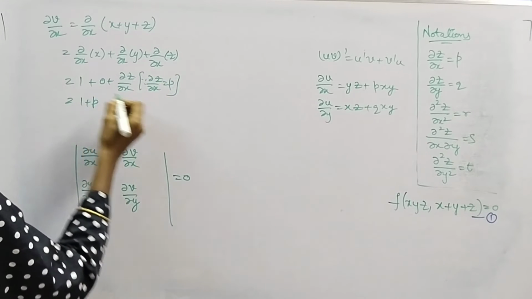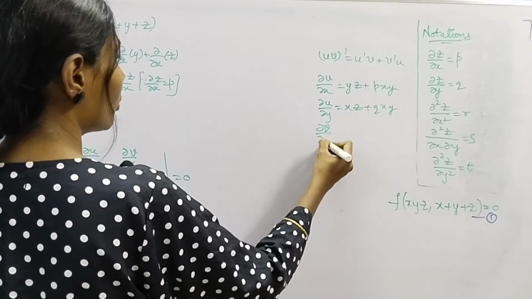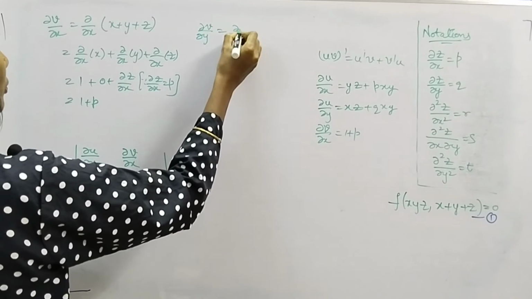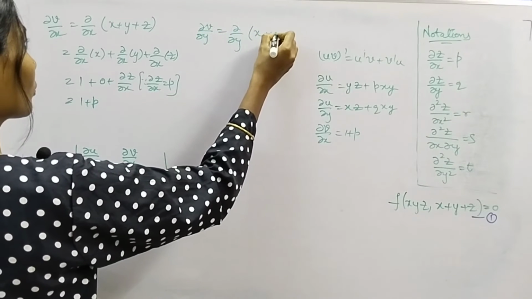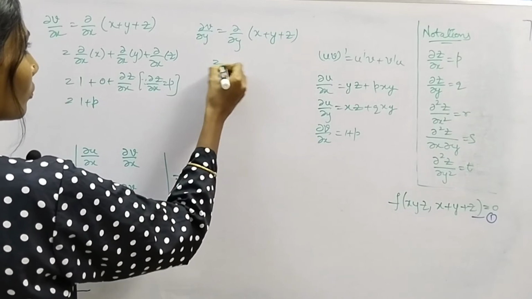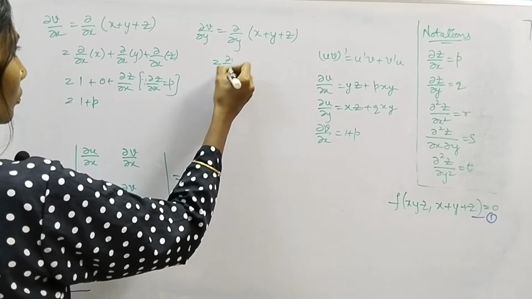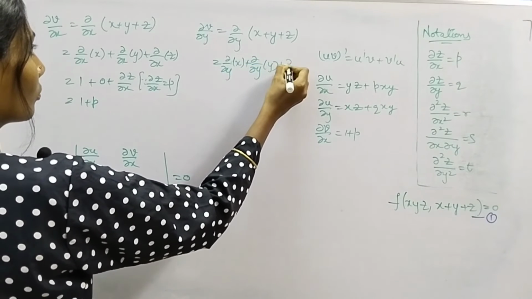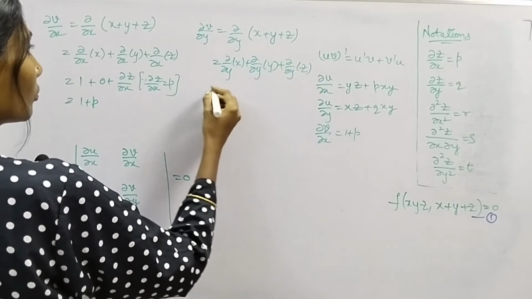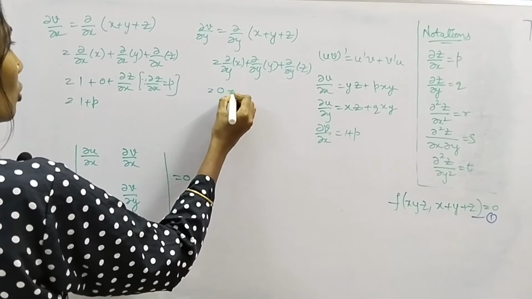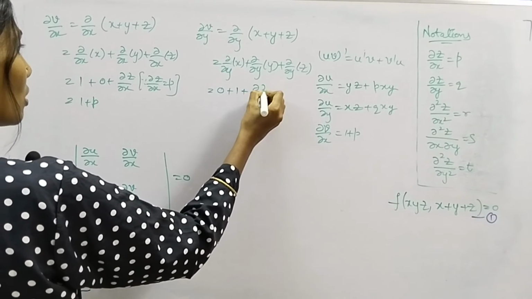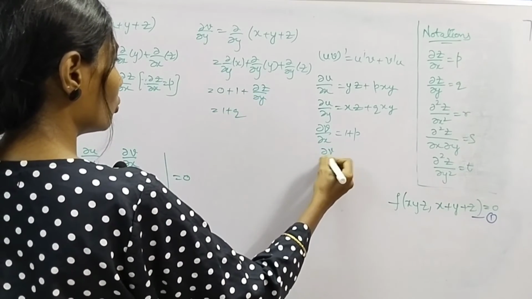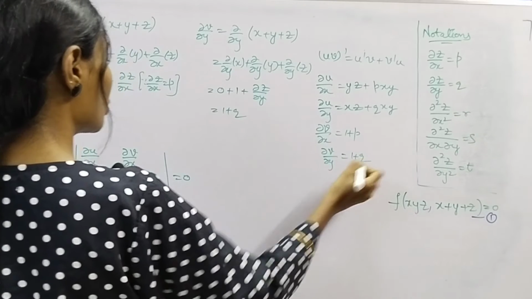We'll get 1 plus p. ∂v/∂x equal to 1 plus p, and ∂v/∂y will be partial derivative of x with respect to y is 0, plus partial derivative of y with respect to y is 1, plus ∂z/∂y, which gives us 1 plus q. ∂v/∂y equal to 1 plus q.